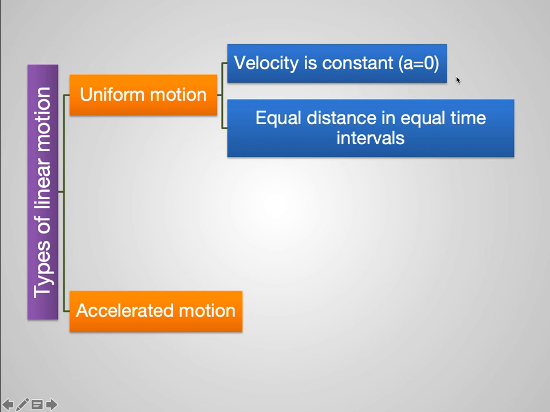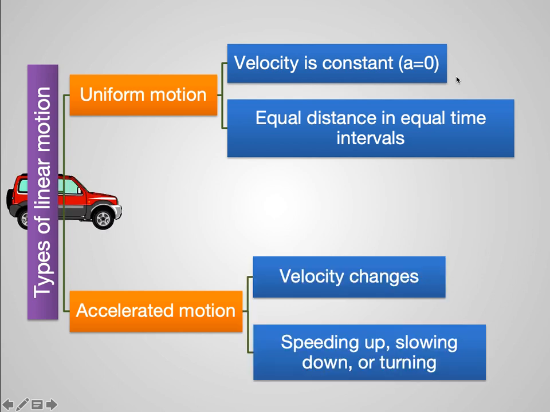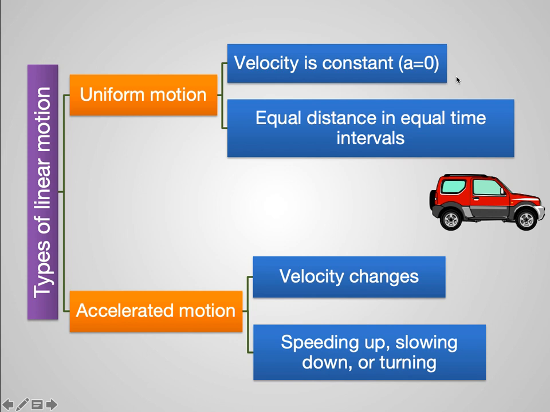This is the speciality of uniform motion. But when you come to accelerated motion, the speed of the car may be either increasing, or sometimes speed of the car may be decreasing, or it may be even changing the direction. We are going to study the equations for each type of motion separately, but remember, each motion has its own properties and its own equations.